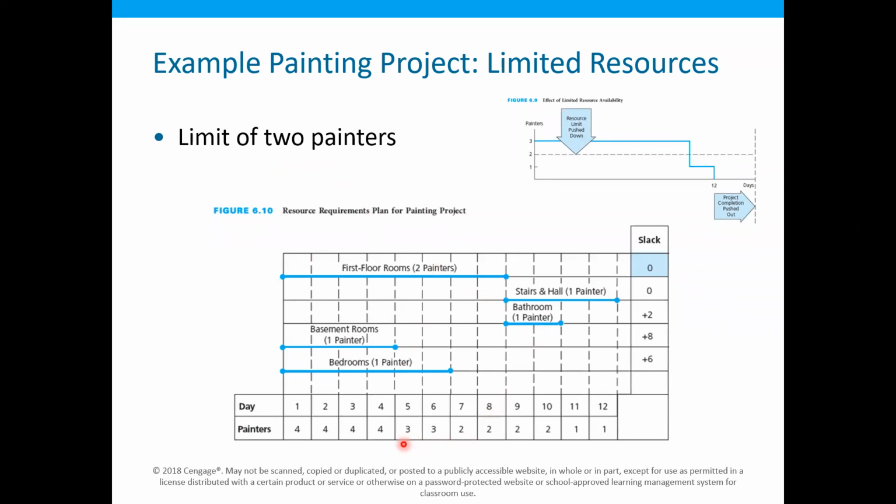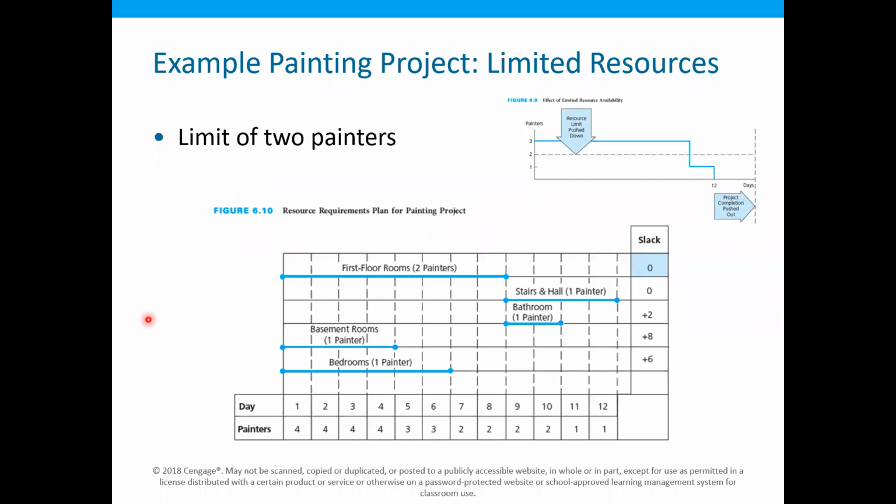So this is the original plan, okay? And now in this case, we need four painters in the beginning, but we only have two painters available. So how can we tackle this situation?